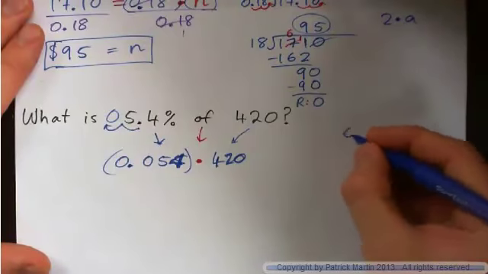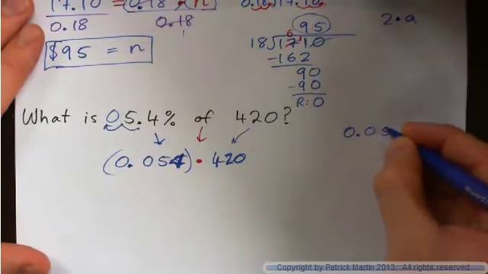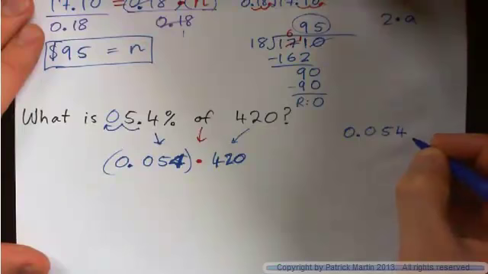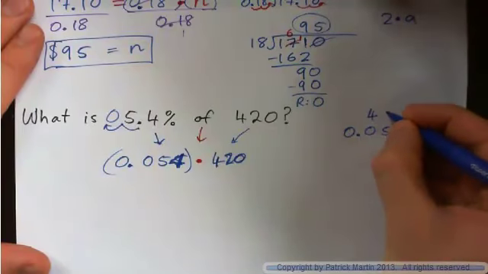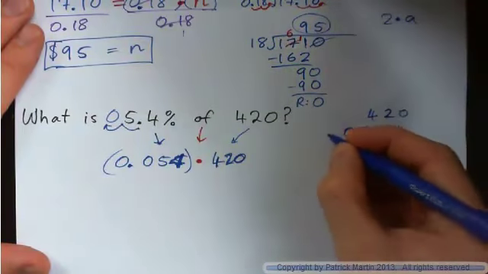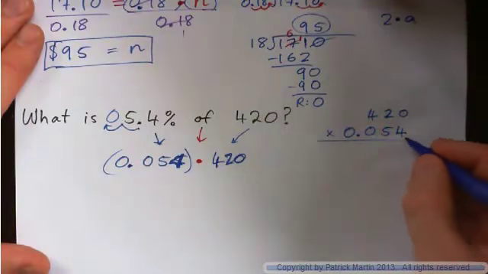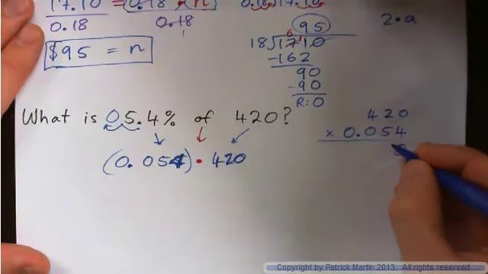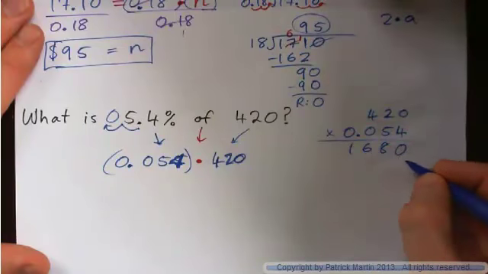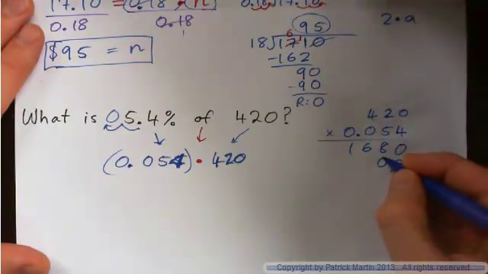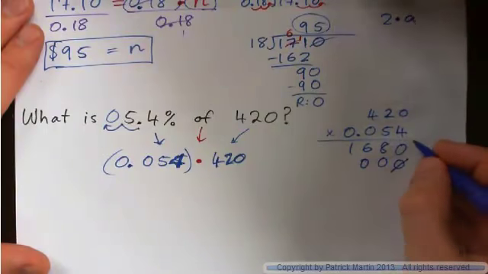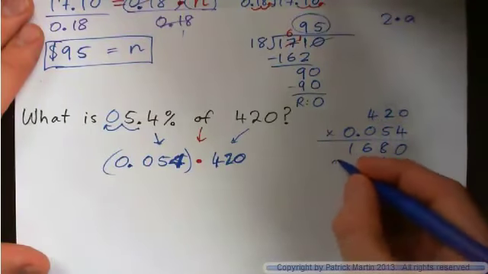So let's do that. 0.054, and I guess I'll do the 420 up here. Multiply that. 4 zeros, 0. 4 twos, 8. 4 fours, 16. Put down a placeholder 0 times by 5. 5 zeros is 0. 5 twos is 10. Carry the 1. 5 fours is 20, and 1 is 21.